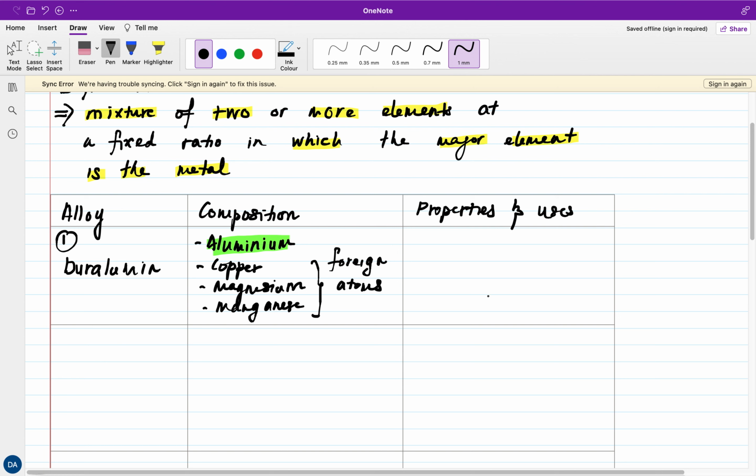Okay, the properties of duralumin: it is stronger than pure aluminium, and it has low density, and most important, it does not rust.